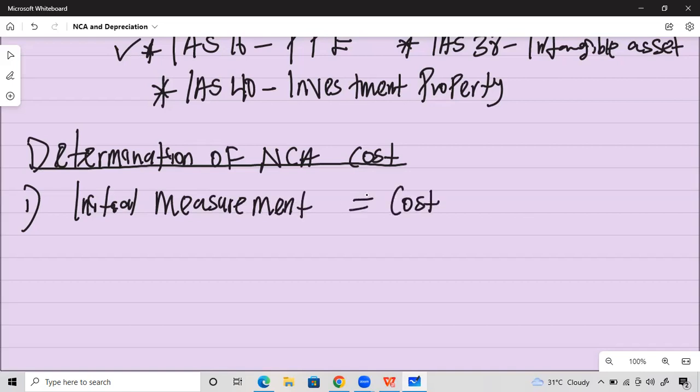I'm just saying equal to cost. Meaning that when you want to measure your non-current assets, initial means at the time that you are buying it.